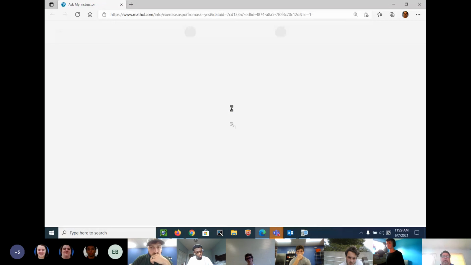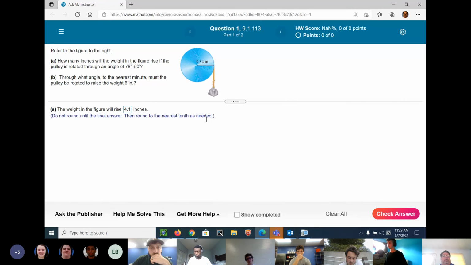Okay, so this one is, how many inches will the weight in the figure rise if the rope... I can't even talk, I'm just going to write it. Here's the pulley. R is equal to 9.34.